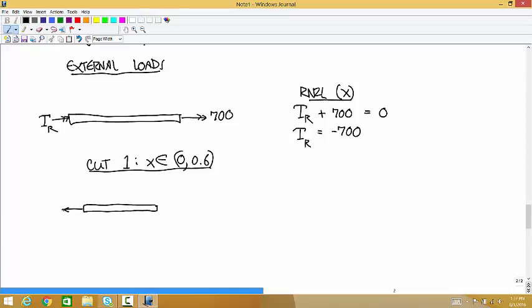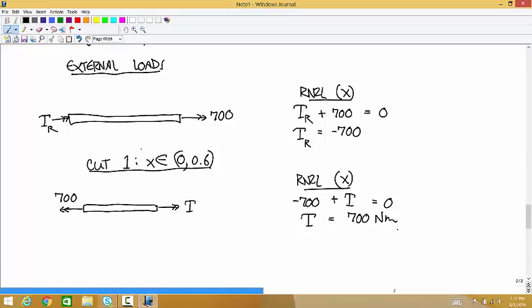But we have a torque this way of 700, an internal torque, fancy T. So the moment equation about x says negative 700 plus T is equal to 0. So the internal torque over the whole thing is just positive 700 Newton meters.